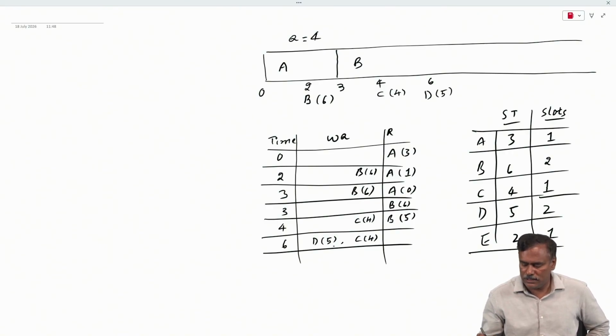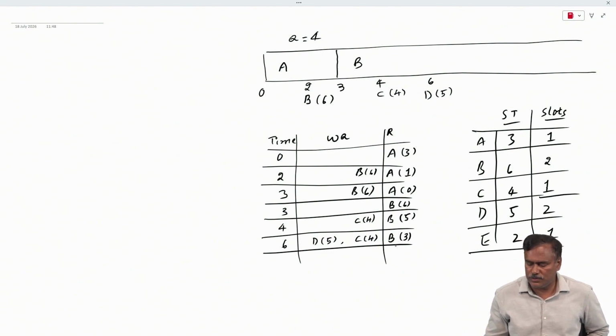The process B started its execution at the third interval of time. By the time it becomes 6, process B has completed 3 units of time. So the remaining service time of process B is only 3 units.